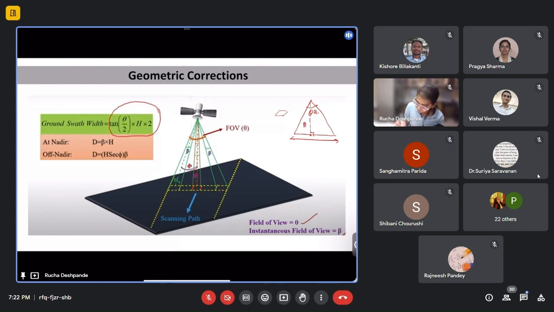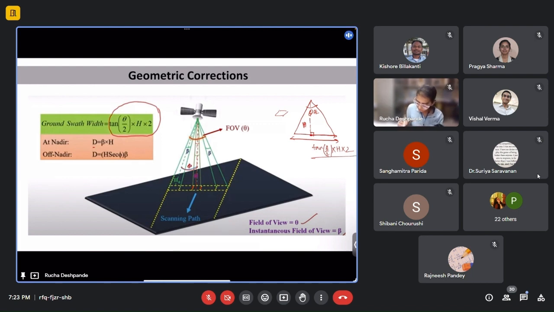So this would be tan theta by 2 into h, and because this is only half the distance, the swath width will be twice that. And at nadir, this is the pixel size.